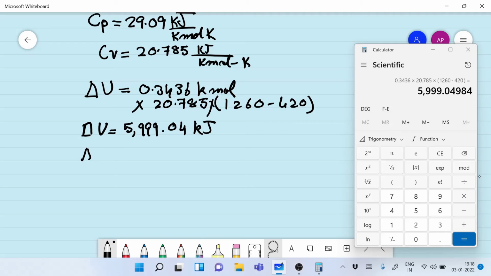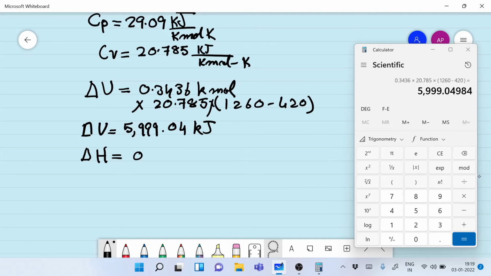Now delta H for this process is 29.09, that is the Cp, into... So let's write it in a proper form.